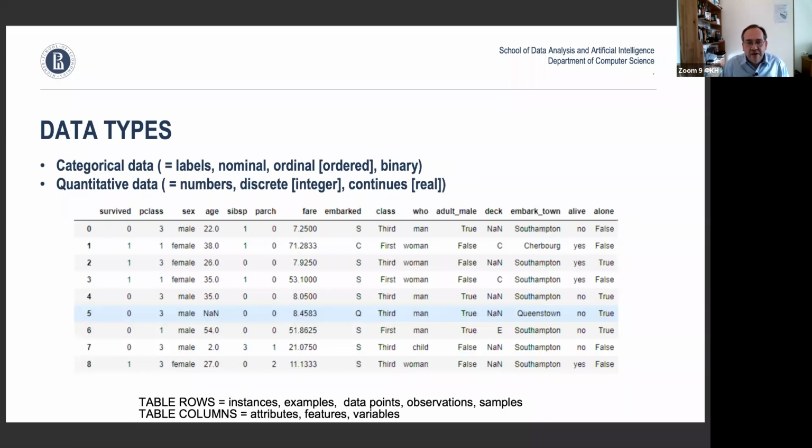What I have in mind here is the following. If, for example, we take a look at this table, a data set you already looked at in the previous lab session, here the class category column is ordinal data, because it has first, second, third, and there is a meaning in the ordering of those labels.